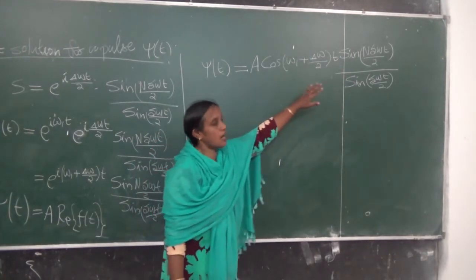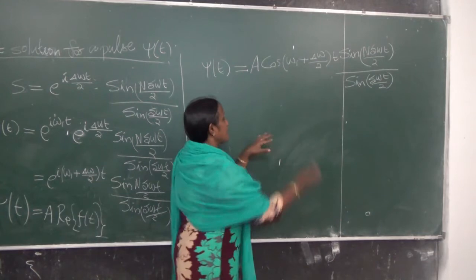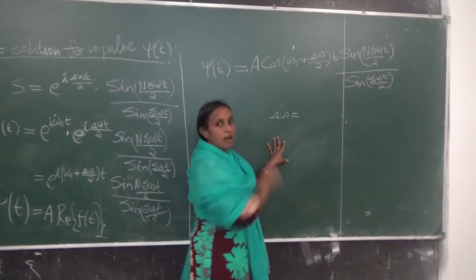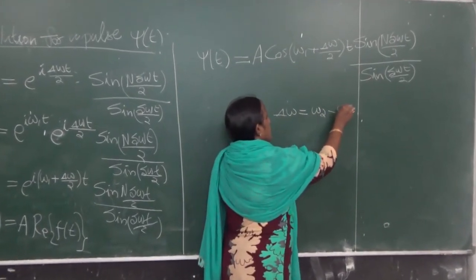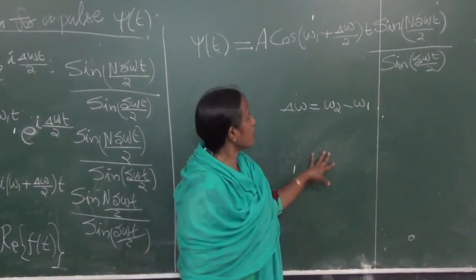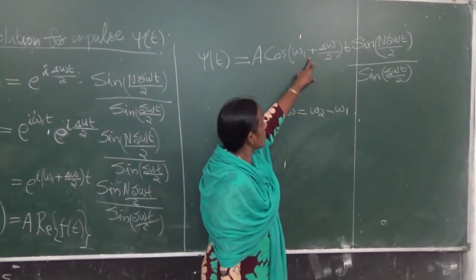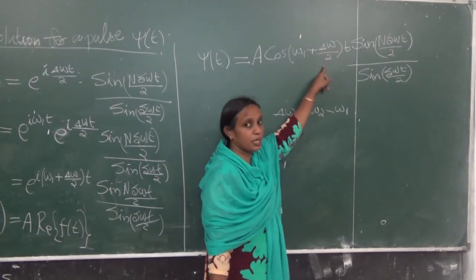This is our expression, but you can see that delta omega, we already defined delta omega as omega 2 minus omega 1. So here you get omega 1 plus omega 2 minus omega 1 by 2.